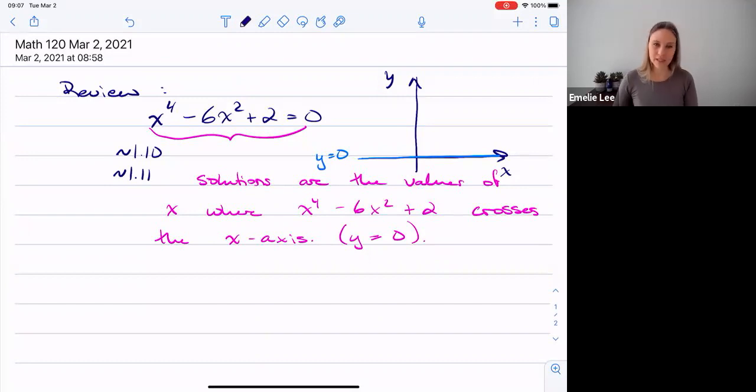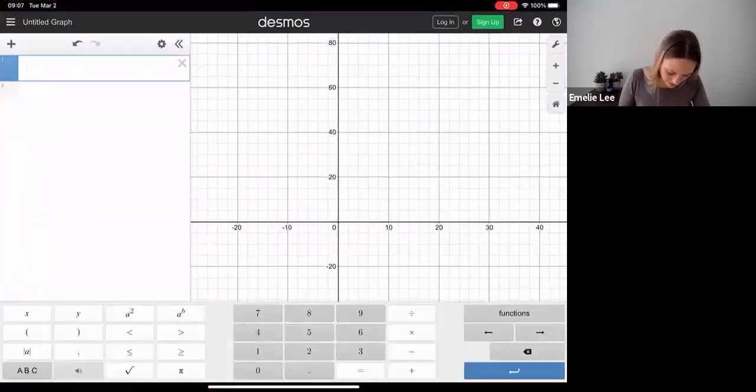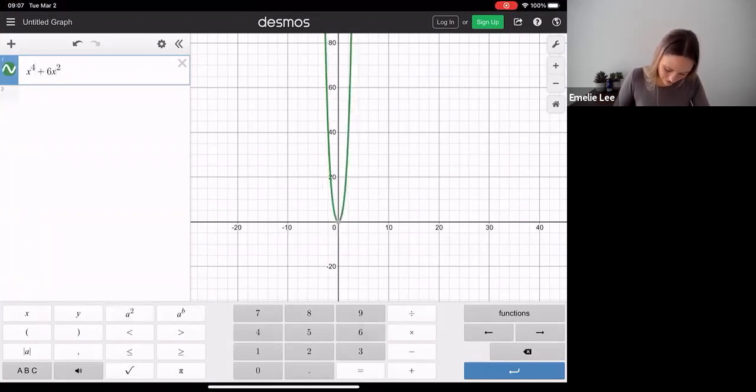Okay, so if we put it into Desmos, x to the 4th minus 6x squared plus 2.